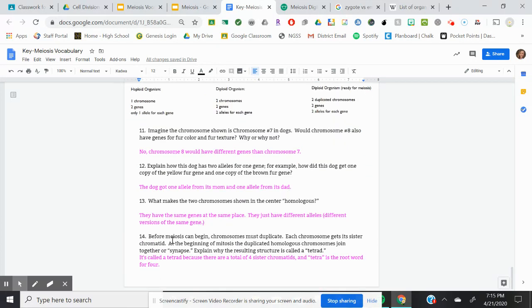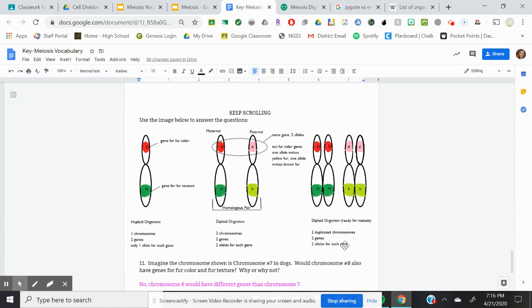And then before meiosis can begin, chromosomes must duplicate. Each chromosome gets its sister chromatid. At the beginning of meiosis, oops, I have to make sure I change that. Join together, or synapse. Explain why the resulting structure is called a tetrad. So when these 2 homologous pairs, like this is a homologous pair, this is a duplicated chromosome, this is a duplicated chromosome.